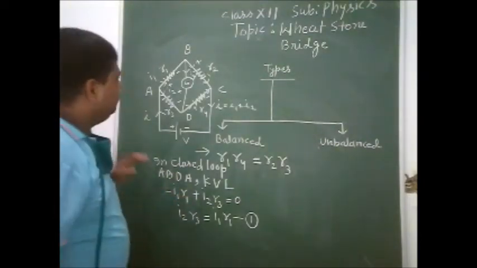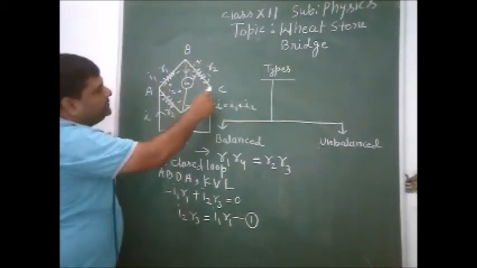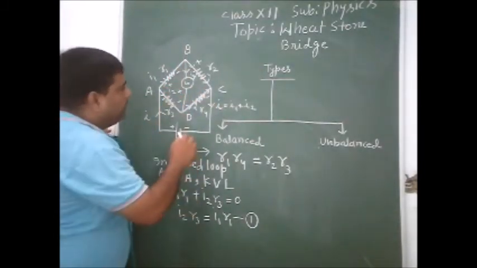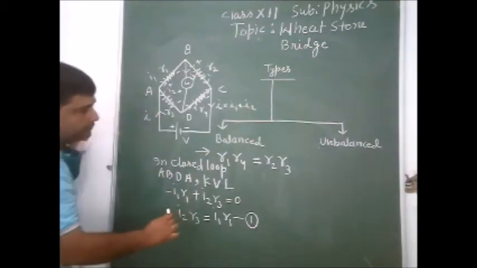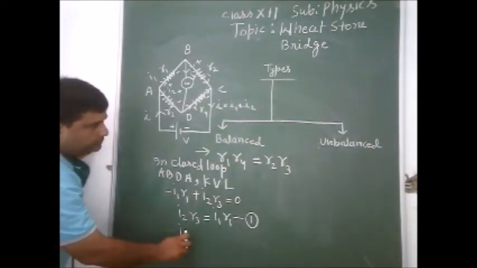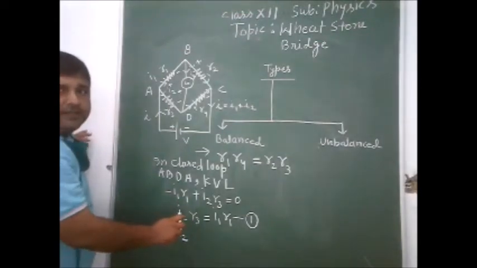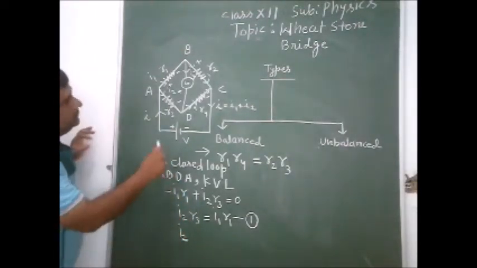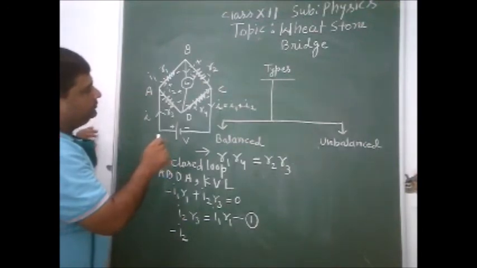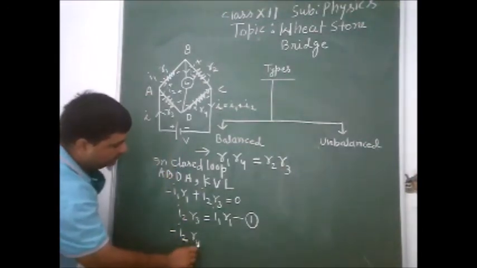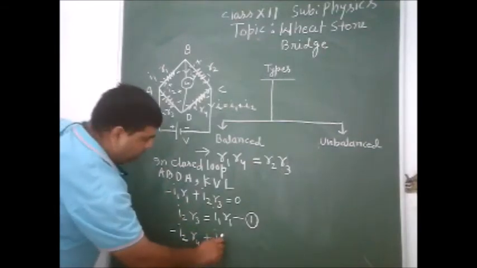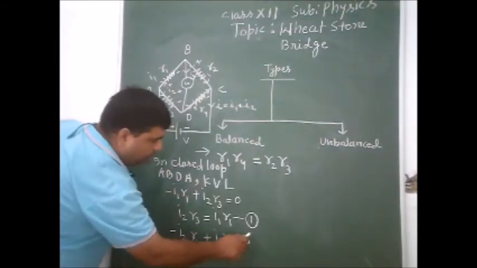Second, if you take the closed loop BCDB, using this you will have minus I2 R4 plus I1 R2 gives you 0.